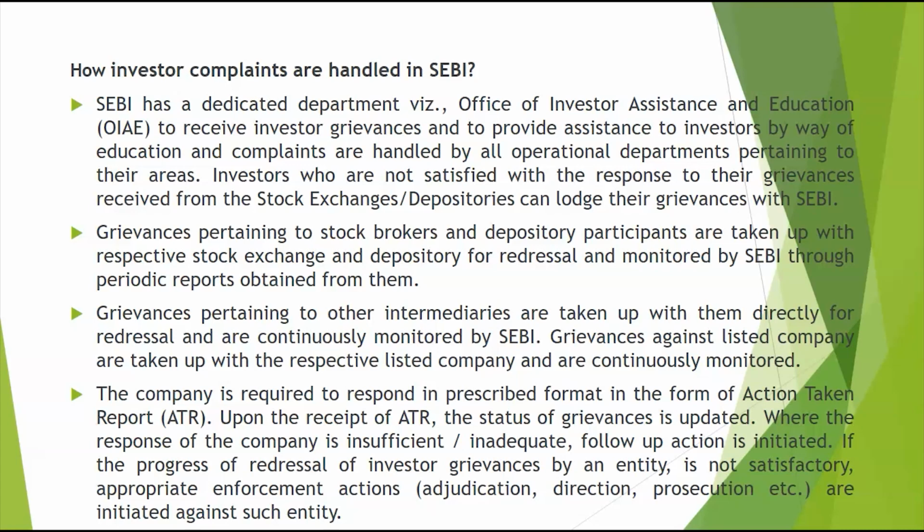If the response of the company is insufficient or inadequate, follow-up action is initiated. If the progress of redressal of investor grievances by an entity is not satisfactory, appropriate enforcement actions, adjudication, direction, prosecution, etc. are initiated against such entity.